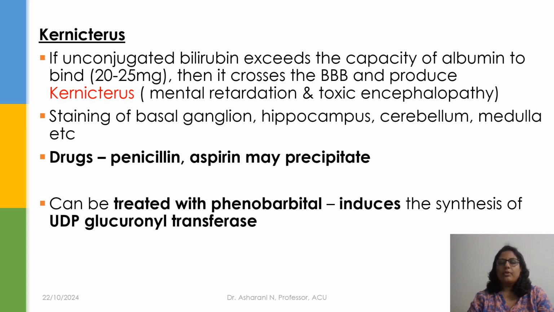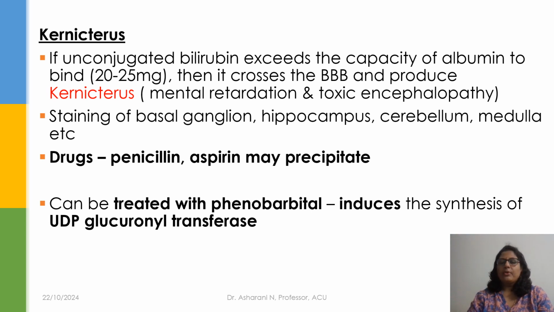If it crosses this capacity, then as we know, unconjugated bilirubin is lipophilic, so it crosses the blood-brain barrier and gets deposited in the basal ganglia, hippocampus, cerebellum and medulla, thereby causing mental retardation and toxic encephalopathy, which we call kernicterus.